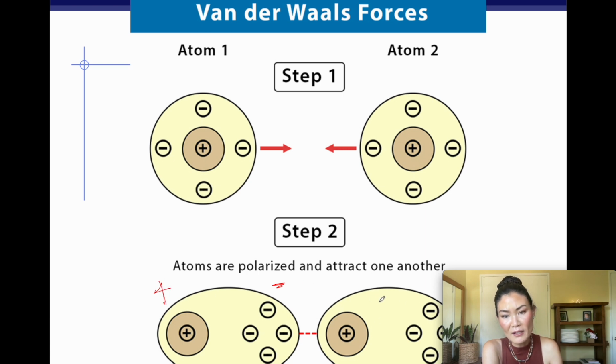Therefore, it's going to be attracted to another atom that might have a negative charge on this side and a positive charge on this side. Remember, opposite charges attract? So if you have a negative charge here and a positive charge here, then there's going to be an attractive force, okay? So that's van der Waals forces.